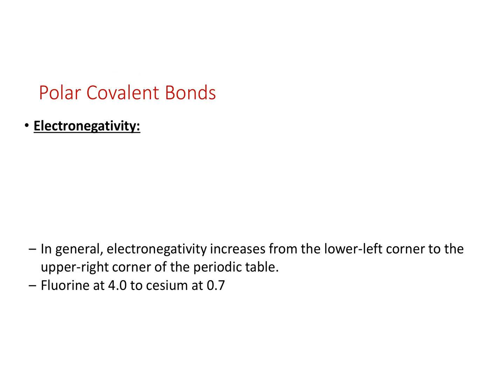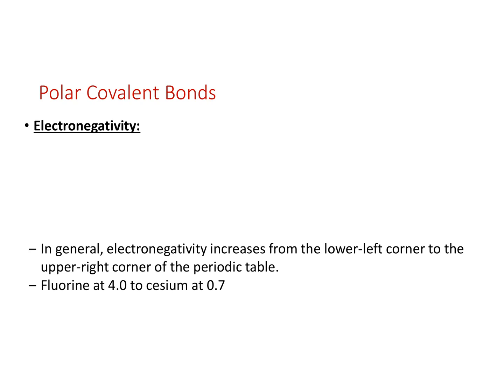So within these covalent bonds, we are sharing the electrons. That being said, often those electrons are not equally shared between the two atoms, and that's because of differences in electronegativity.